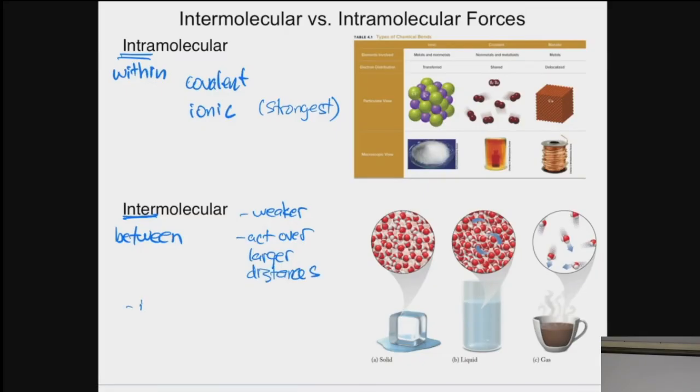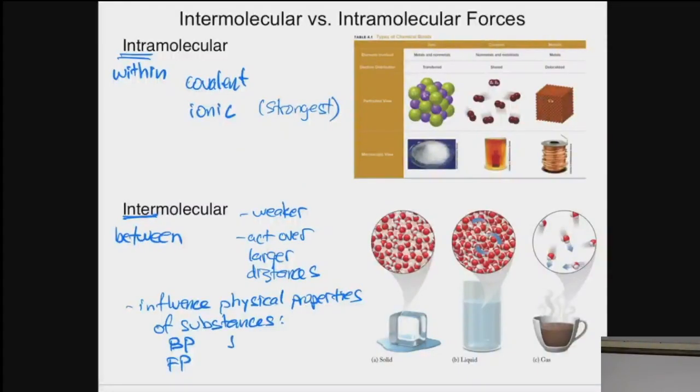These also will influence the physical properties of substances. Such as things I already mentioned, the boiling points, the freezing points, things like surface tension or vapor pressure, all sorts of physical properties.